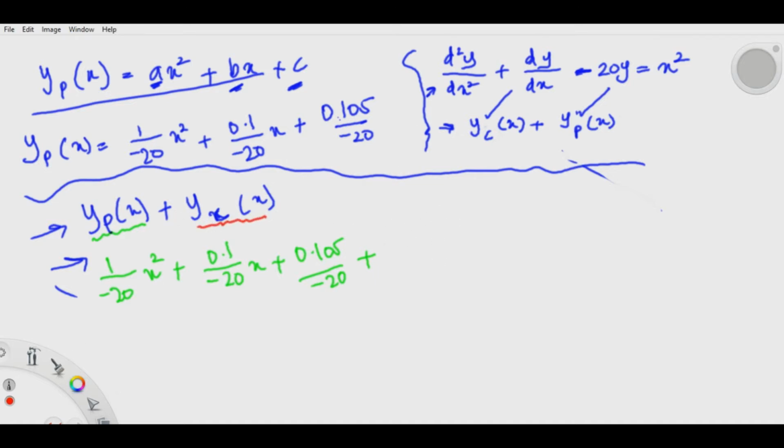You take the equation, make it equal 0, and solve it normally as if it was homogeneous, how we did in my first video. And that becomes a e to the power of minus 5x plus b e to the 4x. This, ladies and gentlemen, boys and girls, is the solution.